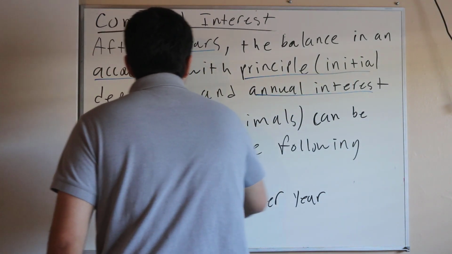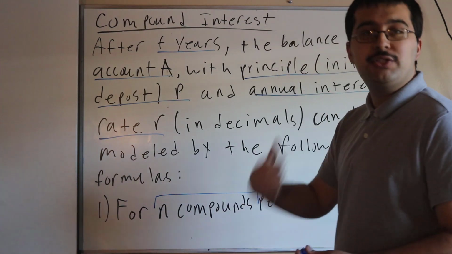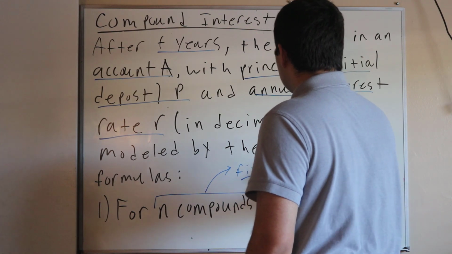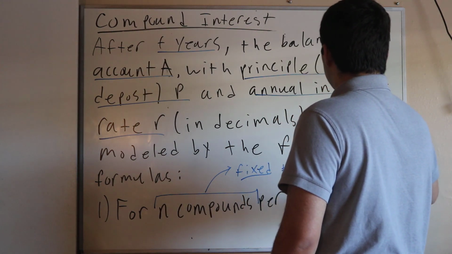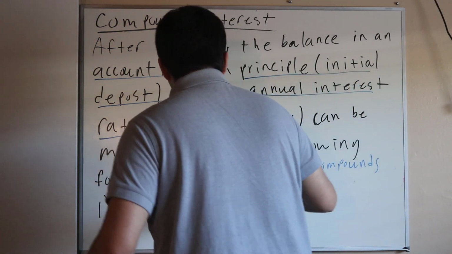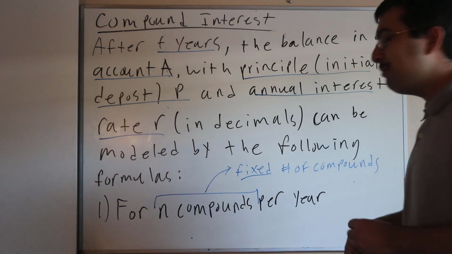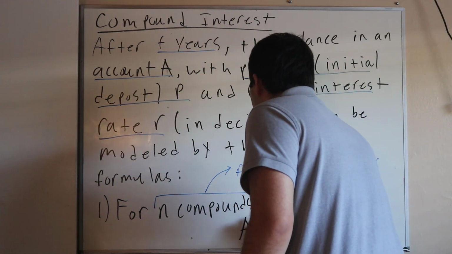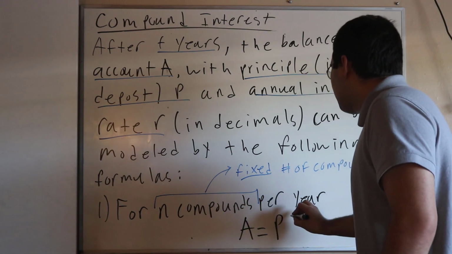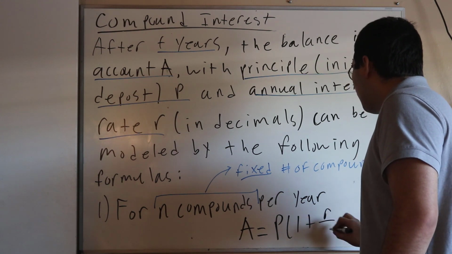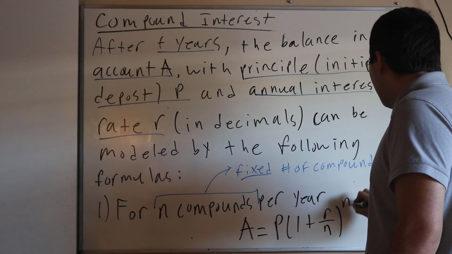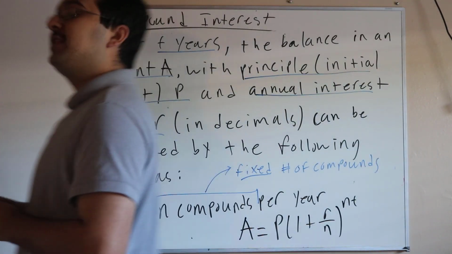So the amount in your account, A, will equal the principal amount, P, times (1 plus r over n), to the power of n times t, the number of times we compounded times the years.